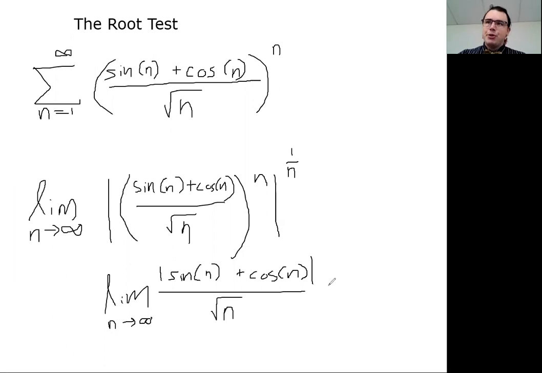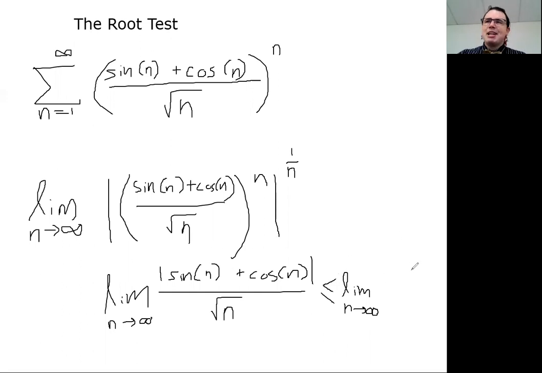Well, what I'm going to do is use the squeeze theorem. Because when I work with the trig functions, sine and cosine, even if I can't predict exactly what number they're going to be, I know that the very largest that either of these functions gets to be is positive 1.